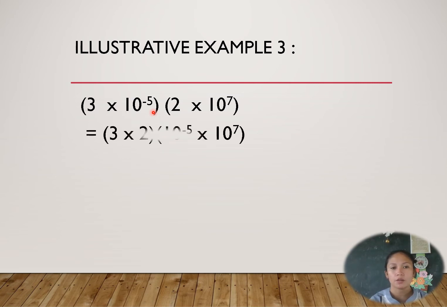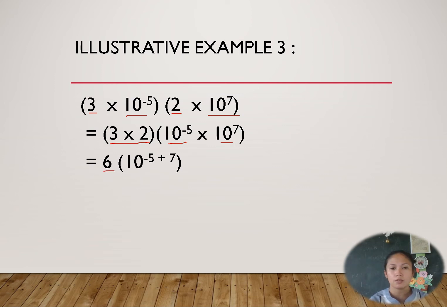Same with the previous examples, we will just multiply the first factors, 3 times 2. And for the second factors, we have 10 to the power of negative 5 multiplied by 10 to the power of 7. Simplifying, 3 times 2 is equal to 6.